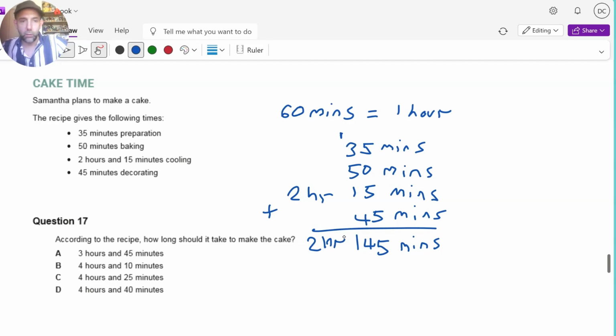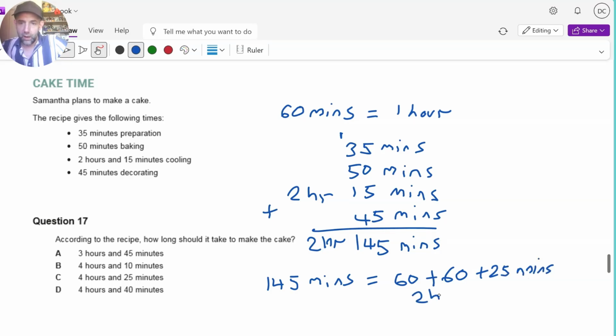Which is not wrong, but the problem is that 145 minutes can be broken down into hours as well. So 145 minutes equals 60 minutes plus another 60 minutes plus another 25 minutes. So that is 2 hours and 25 minutes. Okay, so now that I've done that, let's just recap.